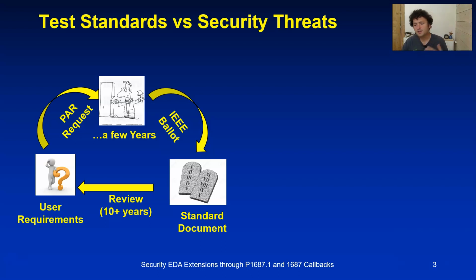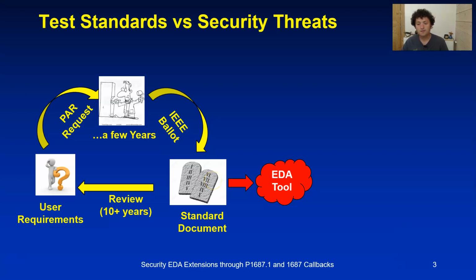This work takes a few years so that we can get to a draft that will then be submitted to IEEE for ballot, and if it is accepted, it will become our standard document, which will be used to obtain the EDA tools and the hardware implementations. Every few years, some 5-10 years, this might be reviewed to correct errors and introduce new features.